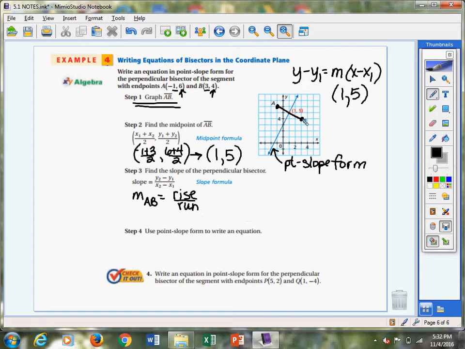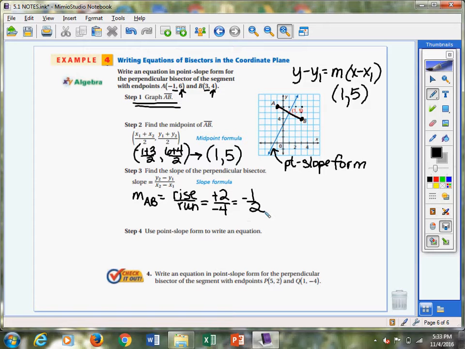So if we start here at B, go up 2, so that's plus 2, and then left 1, 2, 3, 4, left 4. That means the original segment, AB, has a slope of -1/2.